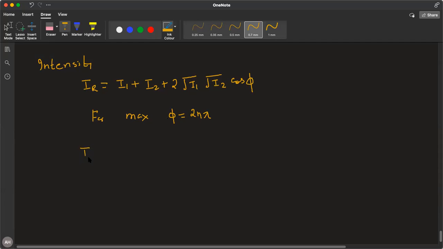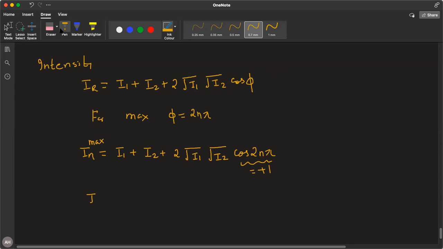So let's substitute these values here. Your IR is I1 plus I2 plus 2 root over I1 root over I2 into cos 2n pi. How much is cos 2n pi? 1.